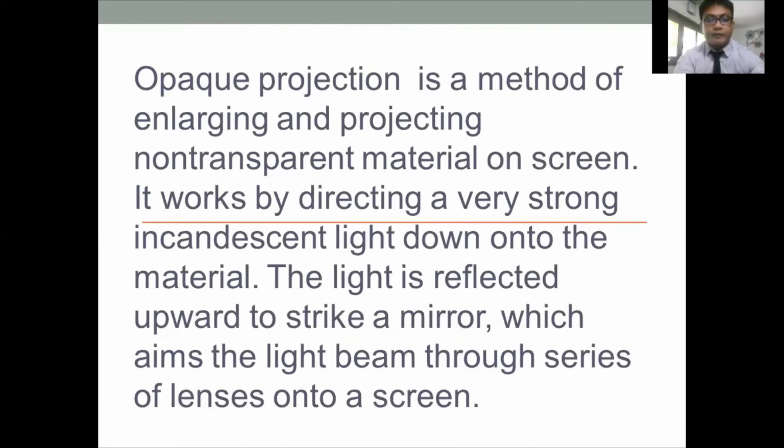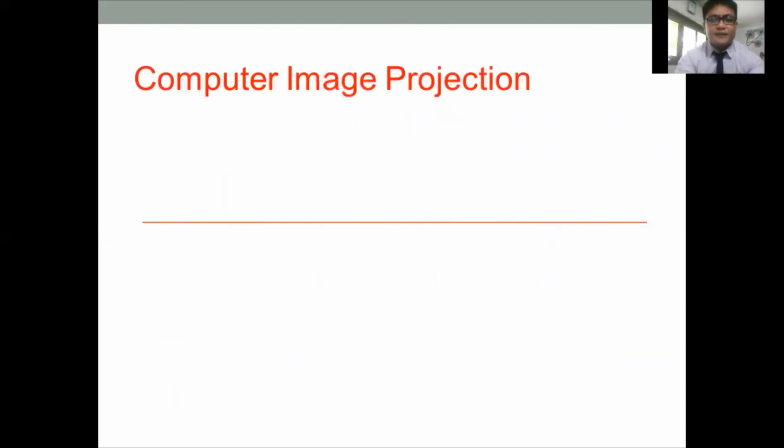The image may be projected onto a large screen within the room, or it may be transmitted to distant sites via television. This projector is useful for many small groups or classroom-sized groups that need to view printed or visual material together.